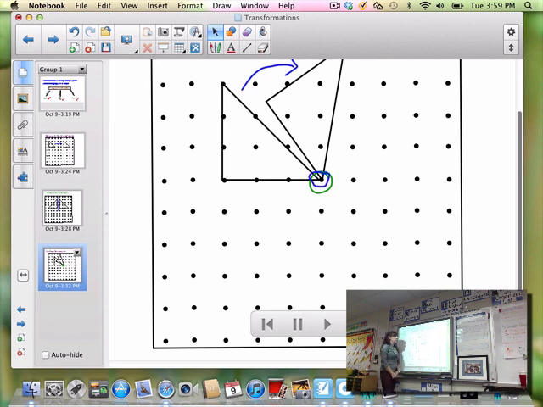We turned it about the point that's circled now in blue in a clockwise direction, and that is a turn.